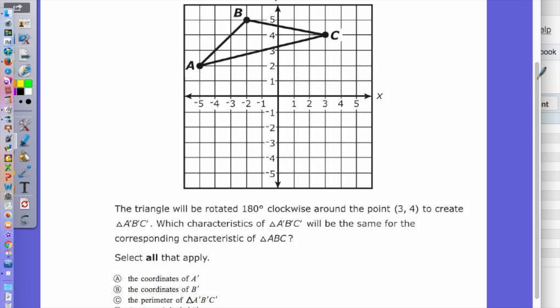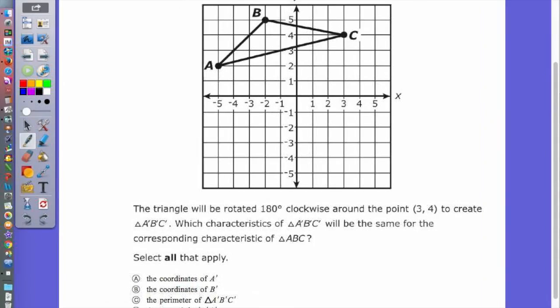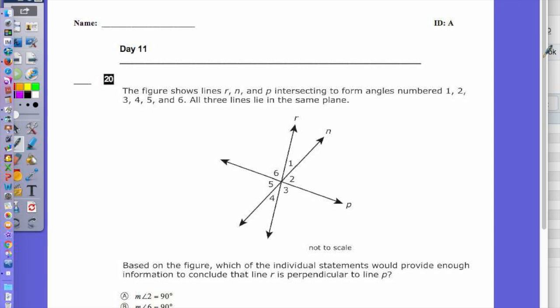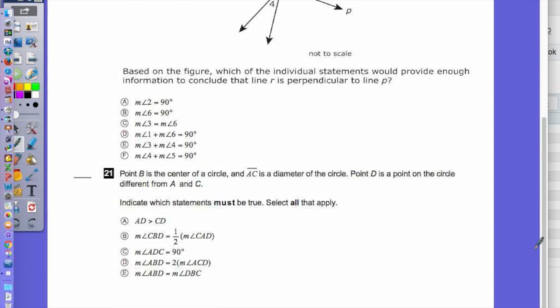Oh. Back up. I didn't finish. I just found out. Shh. I did not finish problem 21. I jumped around and I didn't go back and finish it. For 20, they also had C as a correct answer. Here's the reason why.